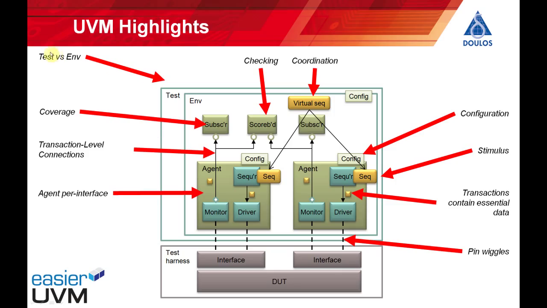So a top-level module or the top-level test might set configuration parameters that are then read by the env. The env may in turn set the configuration parameters that are used by the individual agents, and those configuration parameters might be used to switch in and out optional features, or to set the size of memories, or to start sequences, or constrain the behavior of existing sequences, or anything else that you might imagine.